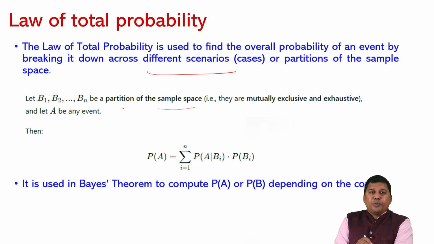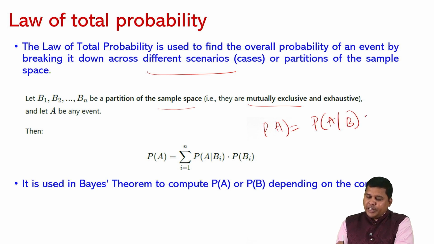So, let B1 to Bn be a partition of the sample space, mutually exclusive and exhaustive, and let A be any event. To find event A, it is the summation from 1 to n of P(A|Bi) × P(Bi).